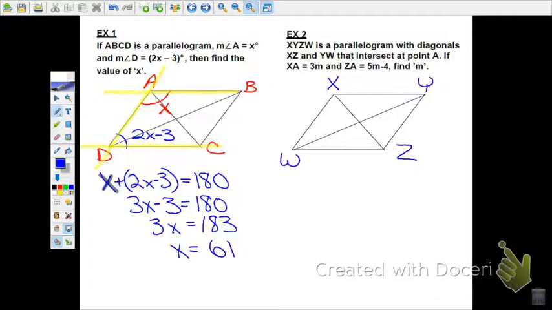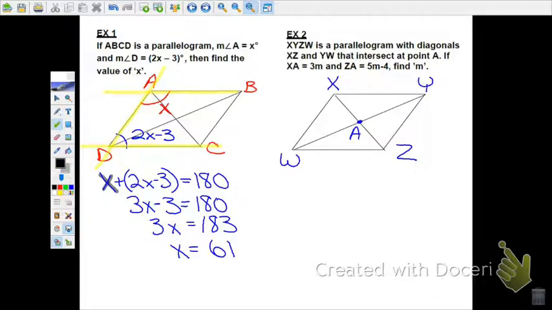So we have the two diagonals, diagonal XZ and diagonal WY, and they intersect at point A. Here in the center where they cross, that is point A.